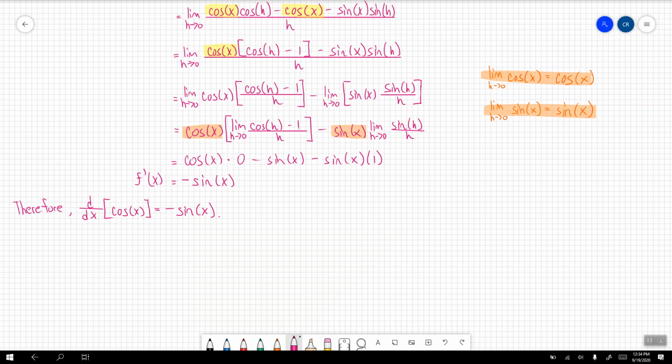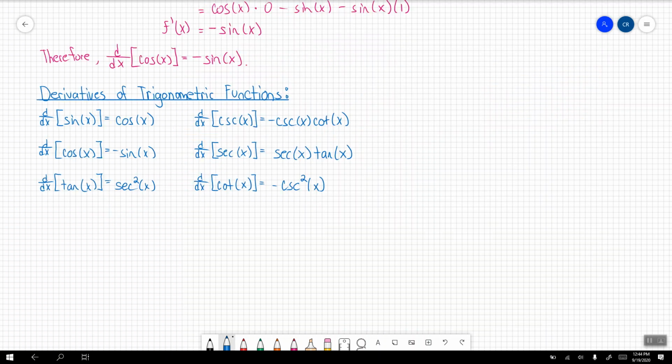All right, so I'm going to write those functions out, and then we'll come back and start reviewing them. Here are your derivatives of trigonometric functions. The derivative of sine of x is cosine of x. The derivative of cosine of x is negative sine x.